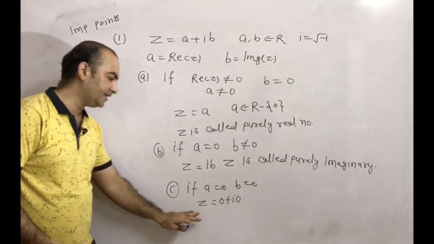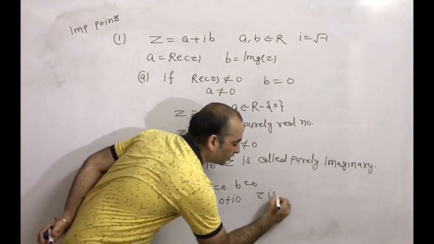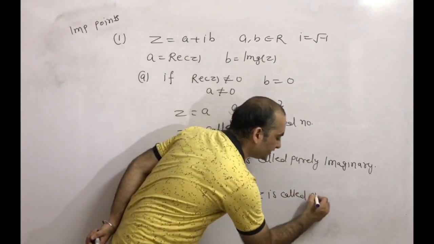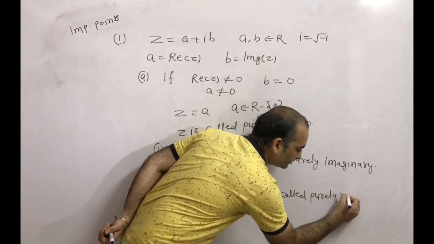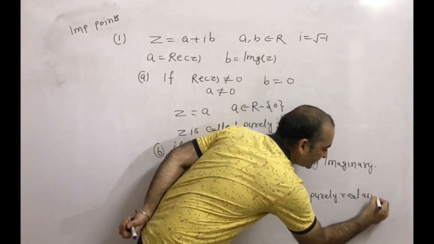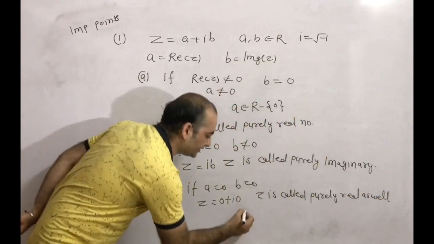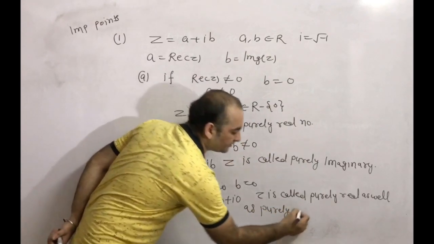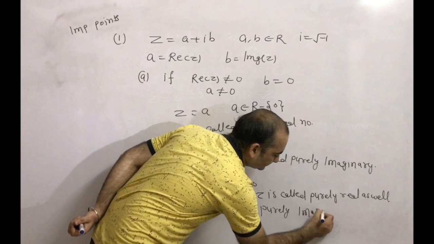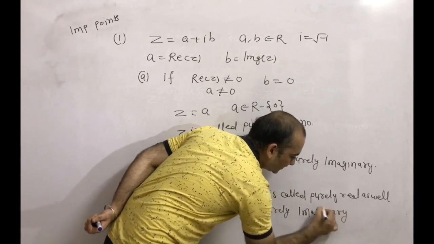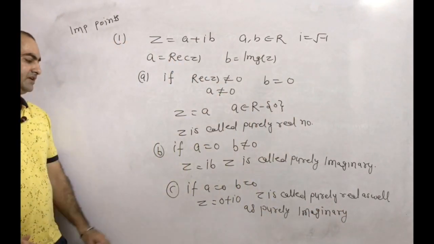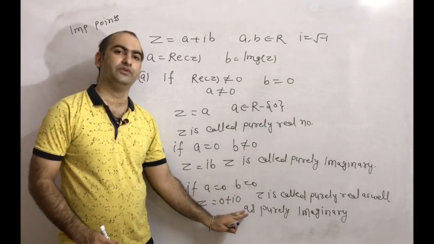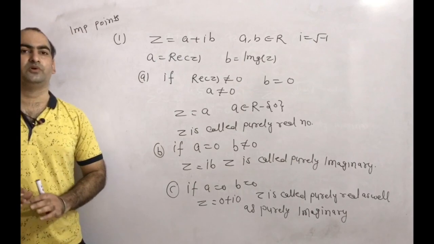Then z is called purely real as well as purely imaginary. If a and b both are 0, then z equal to 0 plus iota 0 we call purely real as well as purely imaginary.